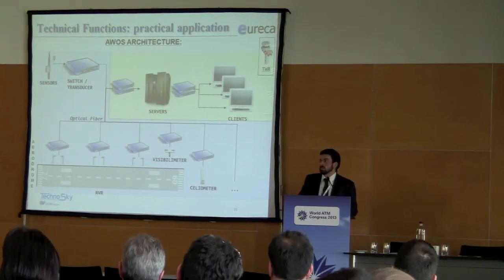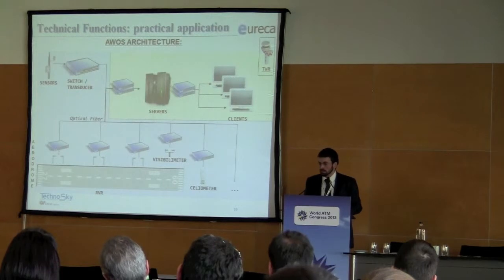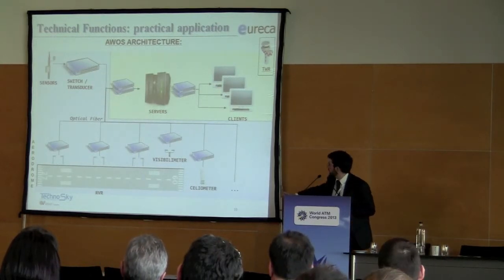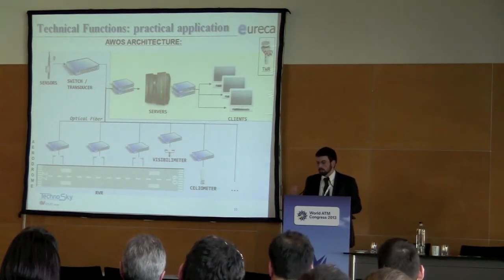Sensors like wind direction, wind speed, temperature, humidity, and so on, plus a set of sensors near the runway: the RVR, the ceilometer, the speedometer, and so on.